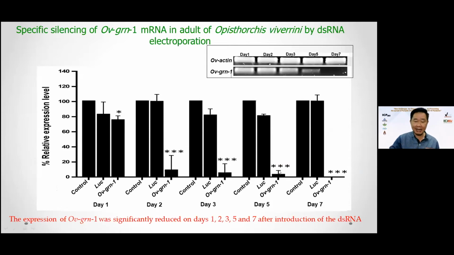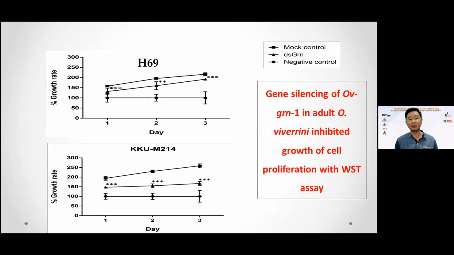Then we took the worm after knockdown and co-cultured it with cell lines, both normal cholangiocytes and cancer cells. The worms knocked down by OV Granulin 1 double-strand RNA had significantly less cell proliferation. In the middle is the baseline, the normal worm we call the mock control.